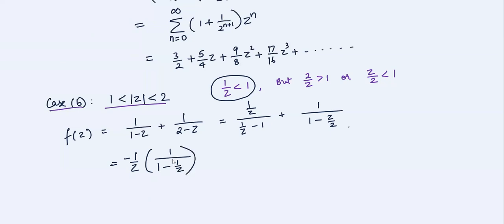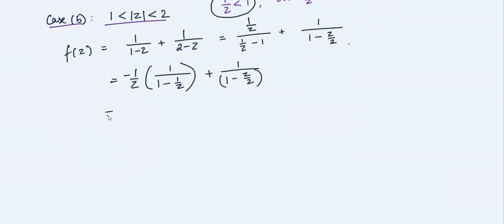This is again the sum to infinite terms of a geometric series, a by 1 minus r. So we get minus 1 by z into 1 plus 1 by z plus 1 by z square plus 1 by z cube to infinity, plus a by 1 minus r.